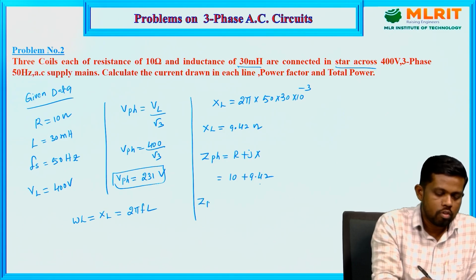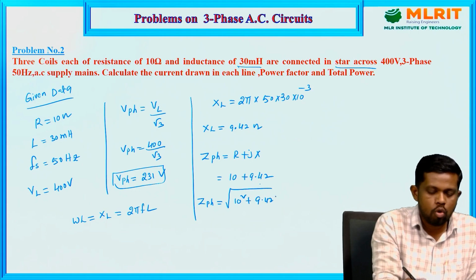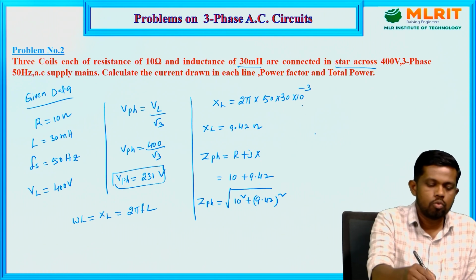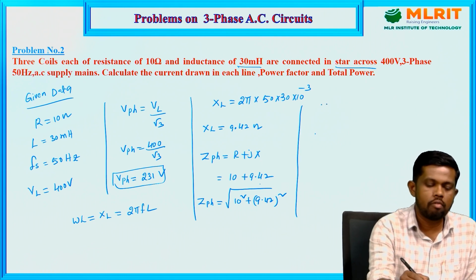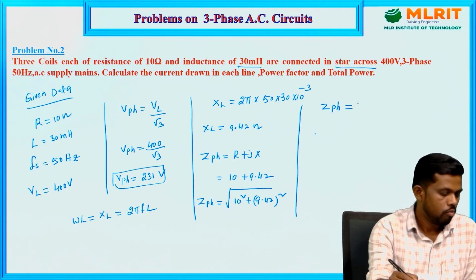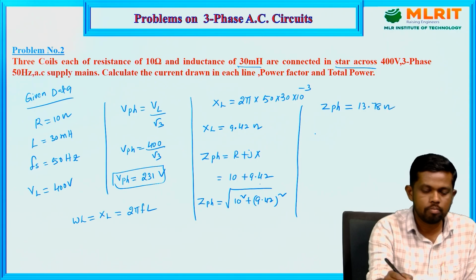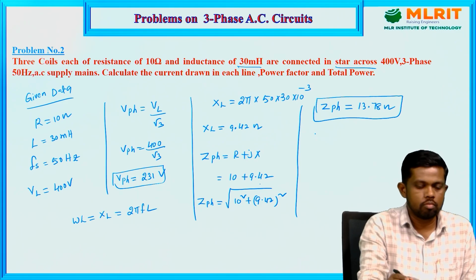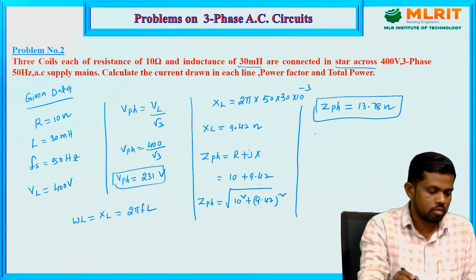To find the per phase impedance in terms of magnitude, we take the square root of 10 square plus 9.42 whole square. So Z per phase is 13.78 ohms, the impedance of the network per phase.